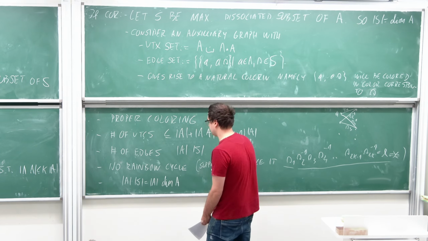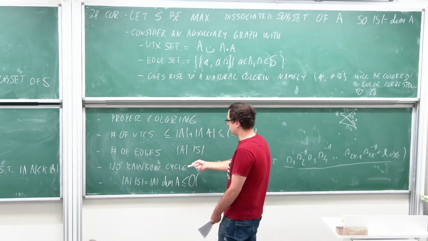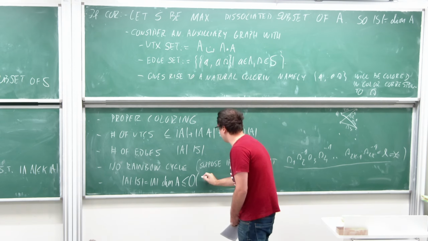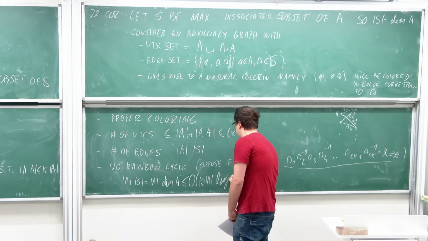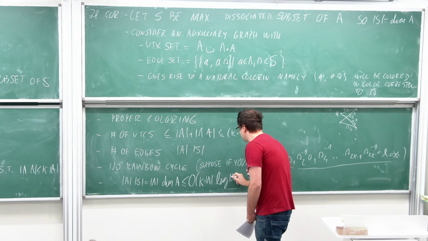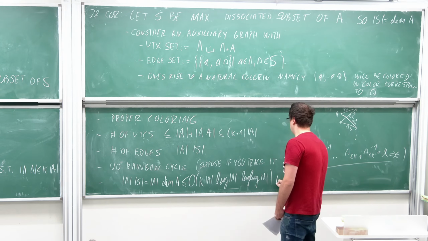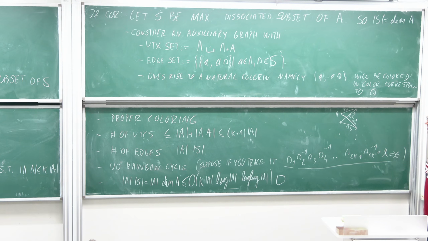Because the size of S is the dimension, is at most big O of K times the number of vertices times the log of the number of vertices, which now you can just replace with the size of A times log size of A, which is precisely what I claimed you get.